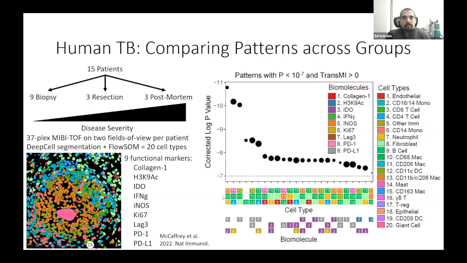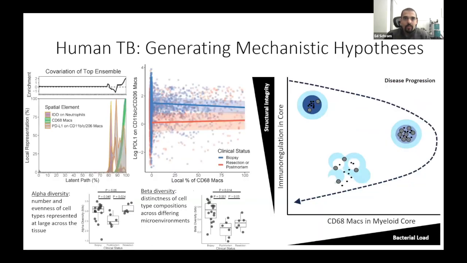The top hit included the abundance of CD68 macrophages, as well as the PD-L1 expression on CD11BC and 206 positive macrophages, which I'm going to call triple positive macrophages, and IDO expression on neutrophils. What stands out to me most about this pattern is that the triple positive macrophages tend to express PD-L1 in the same areas where the CD68 macrophages are.